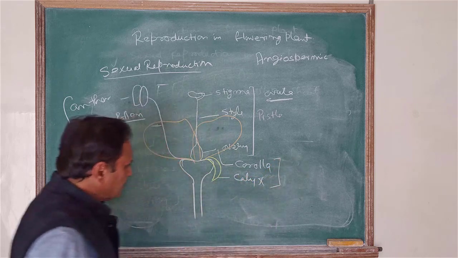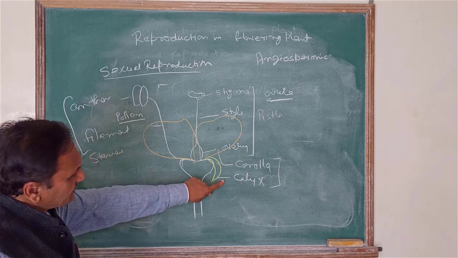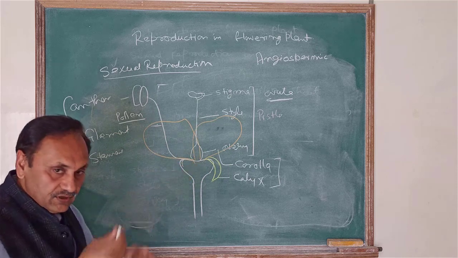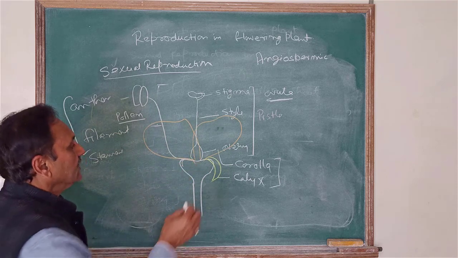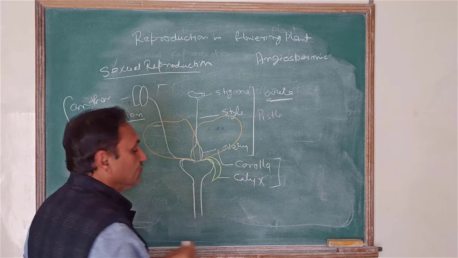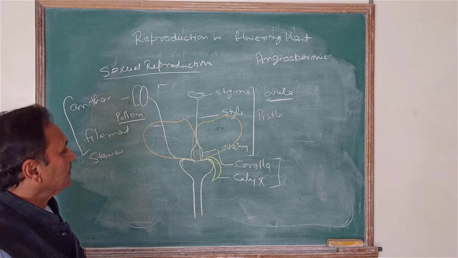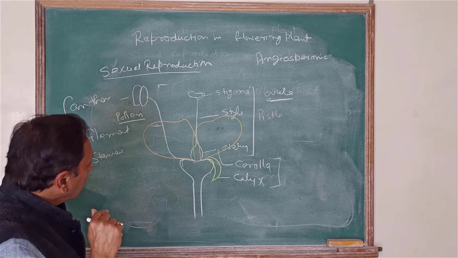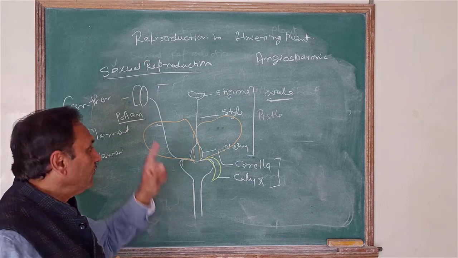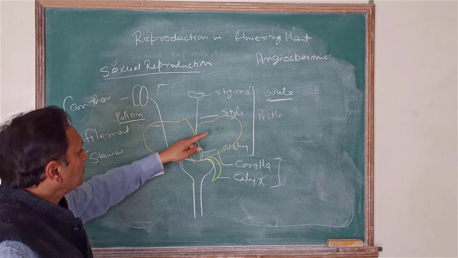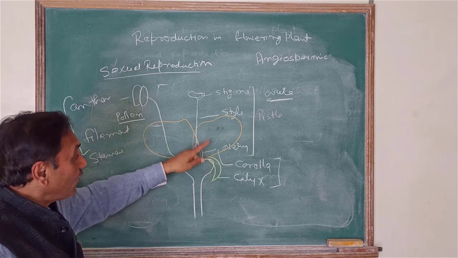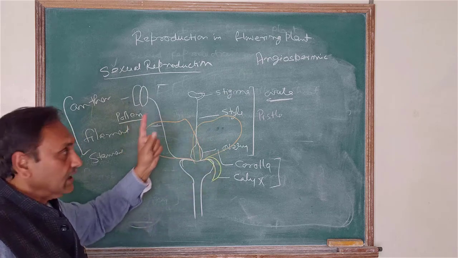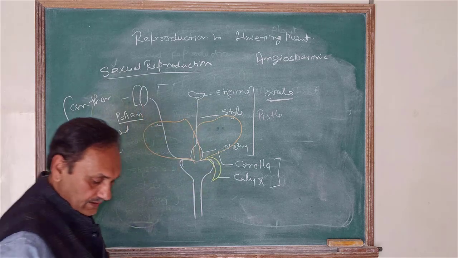These 2 are called accessory because the calyx provides protection at the time of the bud when the flower has not bloomed, and the corolla attracts insects, especially in entomophilous flowers. So these 2 are not directly involved in reproduction but indirectly involved, so they are called accessory parts, and this one is called the essential part.